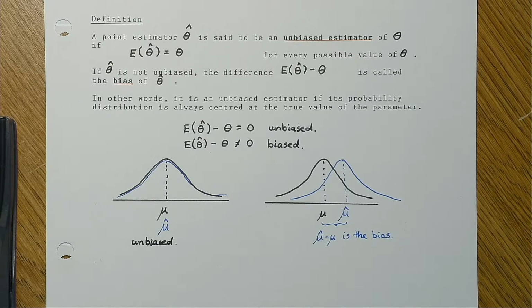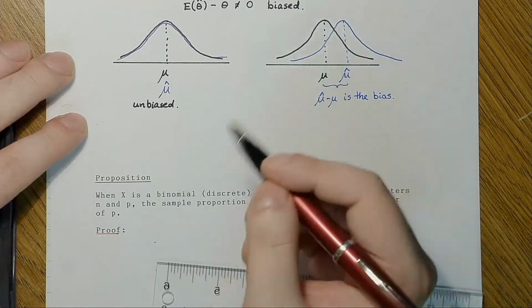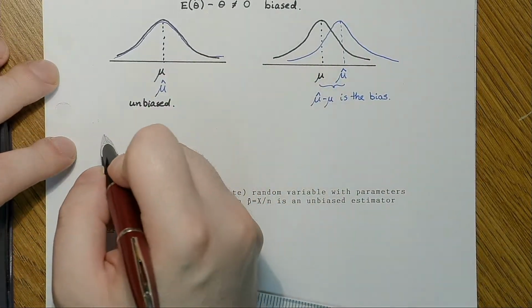Now, you might think that it's necessary to know the true value of it to see if the point estimator is biased or not, but that's not usually the case, because unbiasedness is a general property of the estimator's sampling distribution, and that's where it's centered, and it's typically not dependent on any particular parameter values. So that's kind of the question.